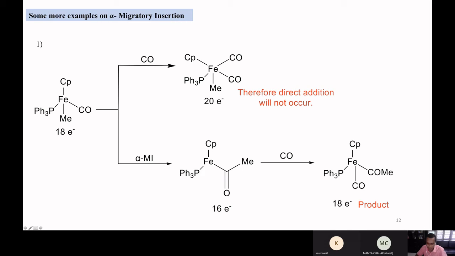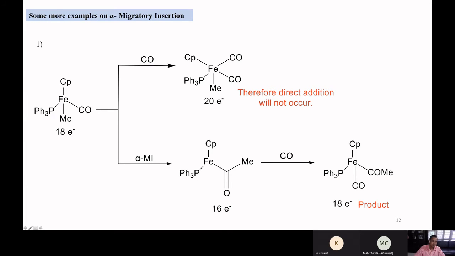Now we need to understand a few of these things a little bit in more detail. This is where what we discussed in our very first class, the electron count for metal complexes, will come in handy. Let's slowly discuss this.